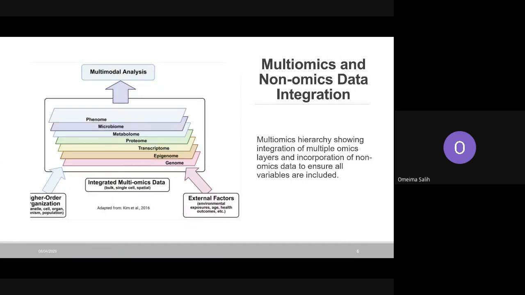And spatial, that means we are targeting a specific part within the tissue, or a specific location within the cell. So these are the different approaches of dealing with the sample, and we are going to see them on a slide.